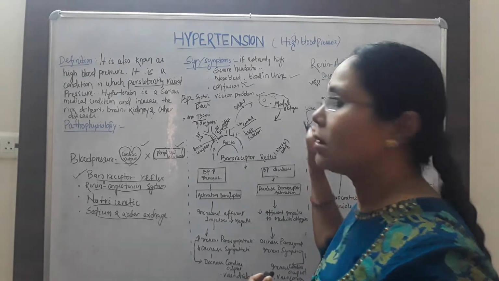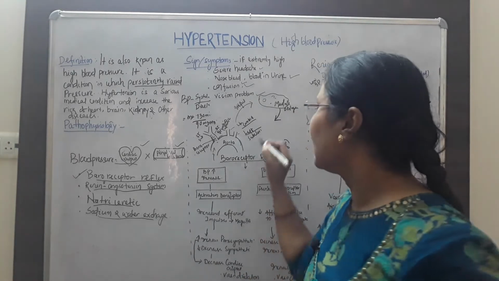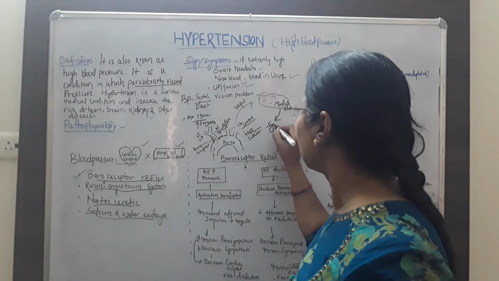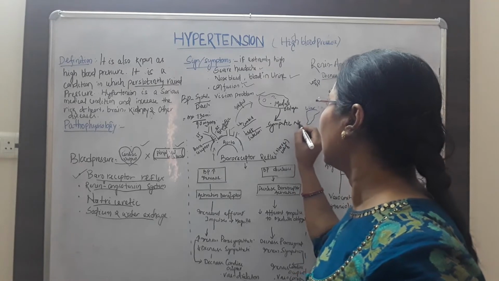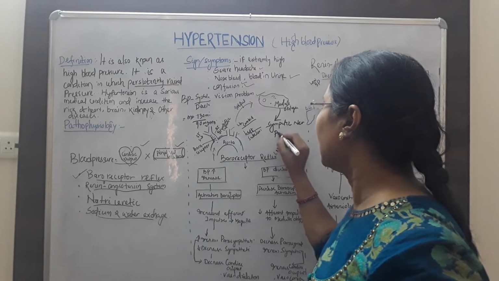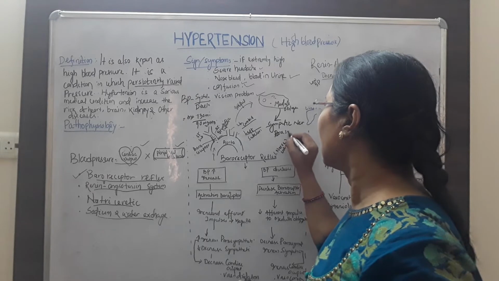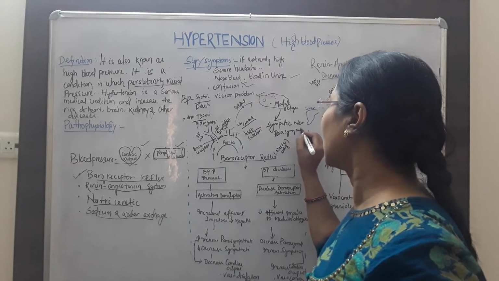The medulla oblongata gives nerve impulses through the sympathetic nerve and the parasympathetic nerve.